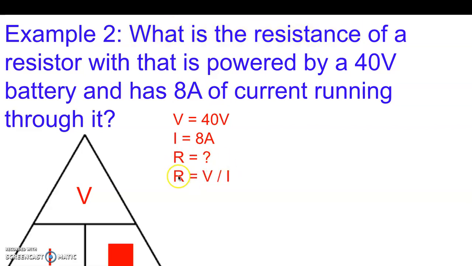We're going to get the formula R equals V divided by I. So when we plug in, V is 40 volts, I is 8 amps. So R equals 40 volts over 8 amps. So that means that R equals 5 ohms, because 40 divided by 8 equals 5.